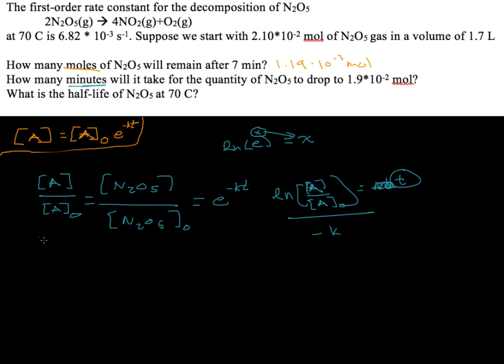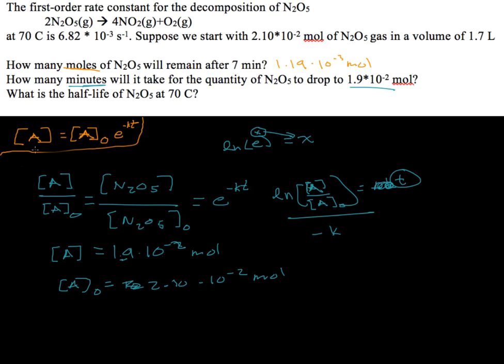So we have that the final concentration is 1.9 times 10 to the negative 2 moles, and we are given the initial concentration here of 2.10 times 10 to the negative 2 moles. What else?